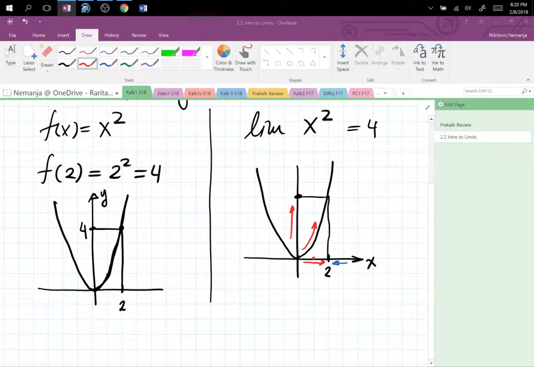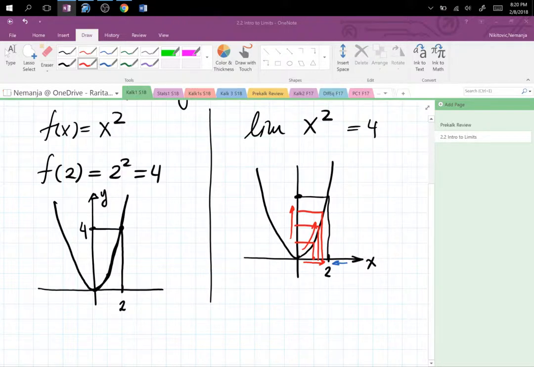Do we see that? I'll draw this one, that one. Do we see that? It's a progression. It's not a single calculation. You are computing infinitely many points as you are approaching 2.